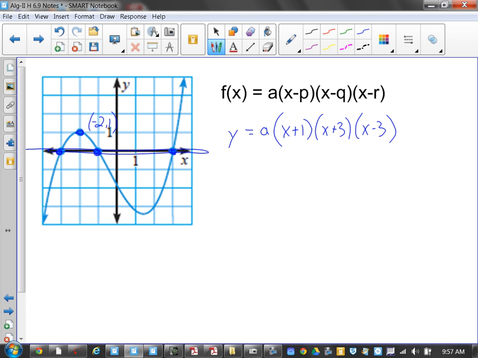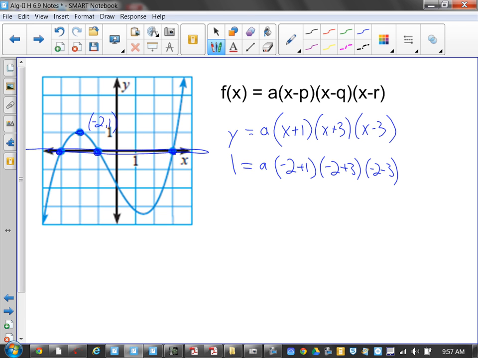Substitute it. So you know that 1 is going to have to equal a times -2 plus 1, -2 plus 3, and -2 minus 3. My suggestion is to not try to do that in your head because you'll probably get it wrong. No offense. Just put those 3 parentheses set up like that in your calculator. You just hit enter. It's just as quick.